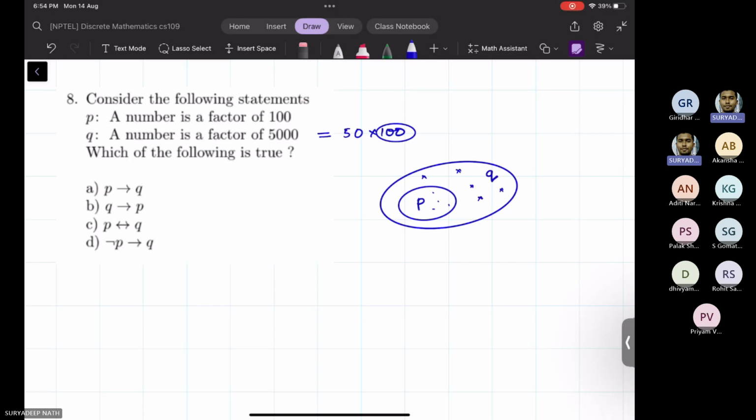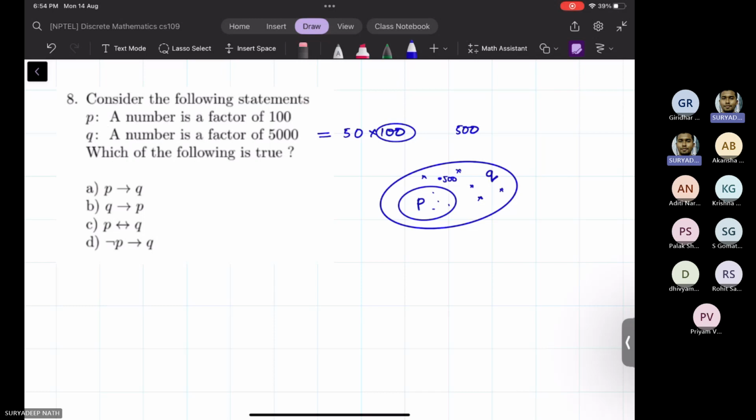Can anyone give me an example of a factor of 5,000 which is not a factor of 100? 500. Yeah, right. So 500 is a factor of 5,000 which is not a factor of 100. So 500 will lie somewhere over here, outside P.